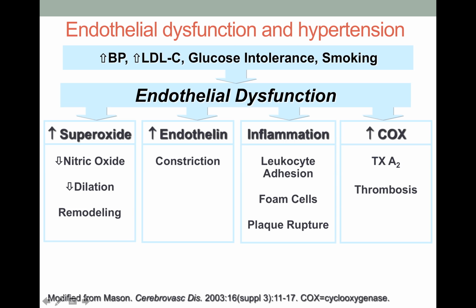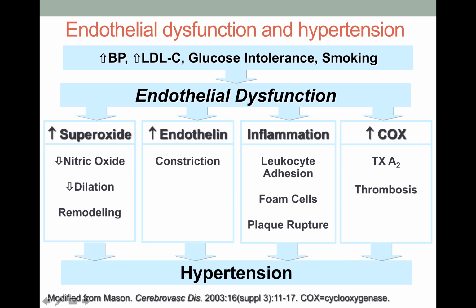That's what that molecule is there, TXA2. And this leads to thrombosis. So of course, this is essentially coagulation that we're seeing here. If you upregulate cyclooxygenase, you upregulate the clotting response, which of course can lead to thrombosis, especially if you have a plaque rupture. So all of these together lead to hypertension.